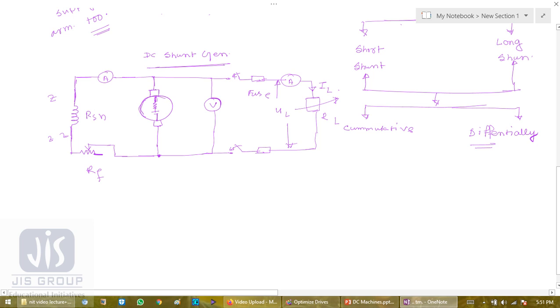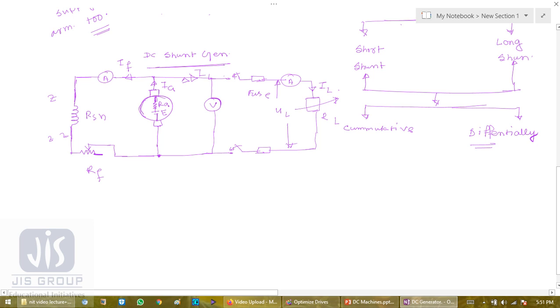So armature is basically this E, and there is a resistance RA. So this is the electrical representation of armature. Current will emerge from the armature as generator. It will divide into two parts. One will go to the field and another one will go to the load, which is IL.